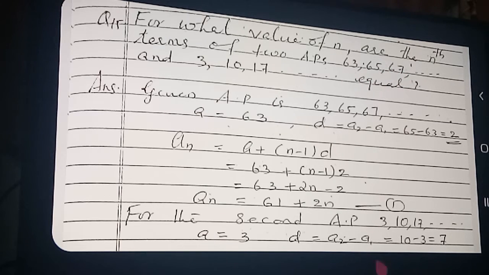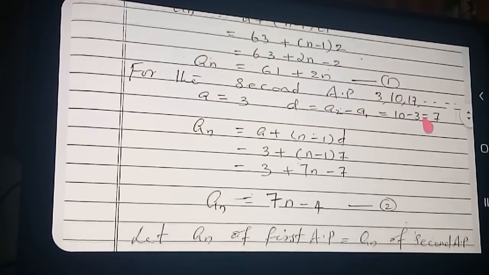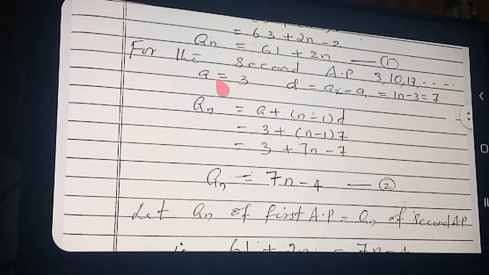Clear? Similarly you find out the nth term of the second AP. I kept it as equation number 1. And the second AP, listen: 3, 10, 17. In that the first term A is equal to 3, and the common difference D is equal to A2 minus A1, that is 10 minus 3 equals 7.